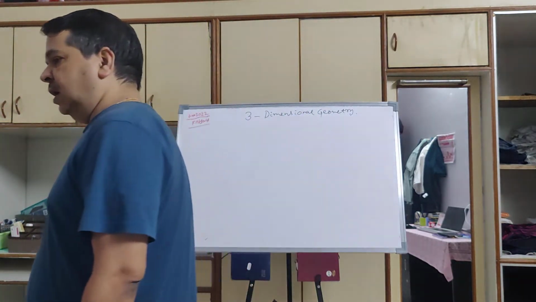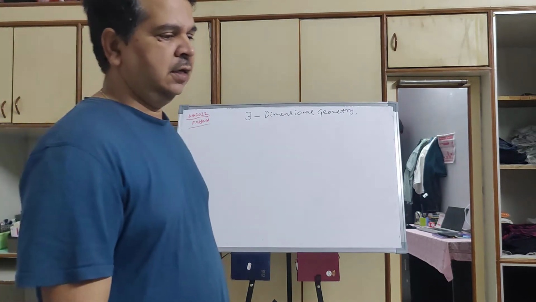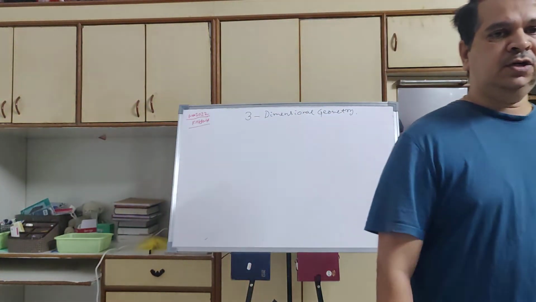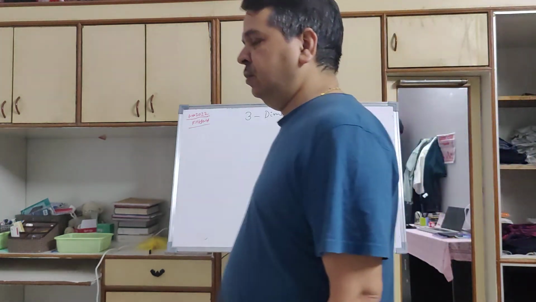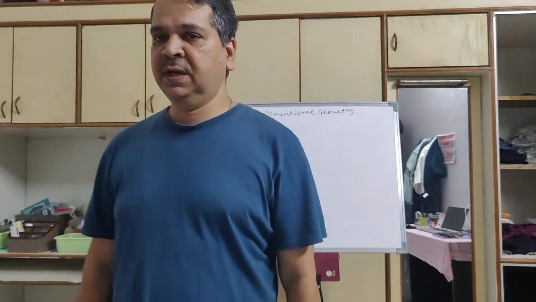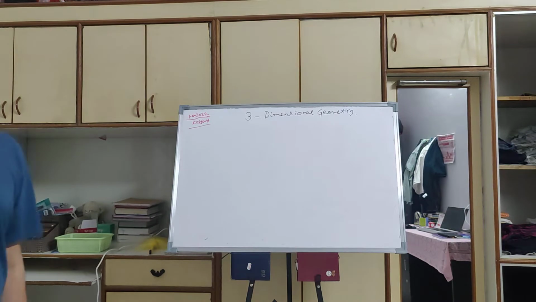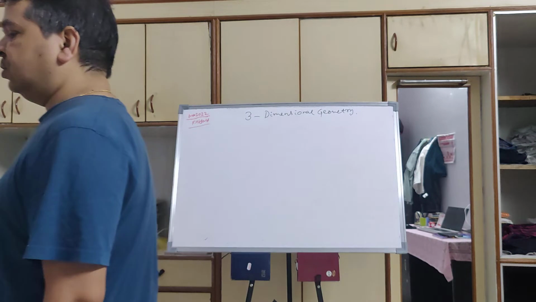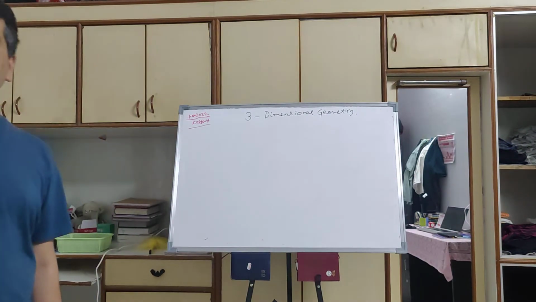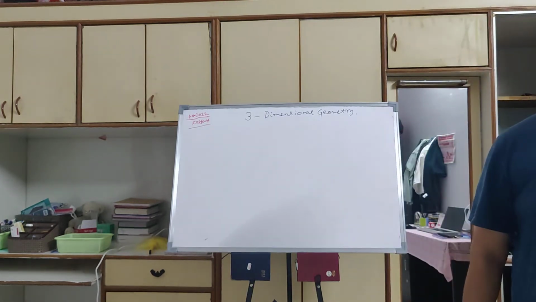Also if you know 2 points, let's say x1 y1 and x2 y2, how do you write the equation of a line? You know that the slope of the line will be y2 minus y1 by x2 minus x1. So how do we write the equation of line?